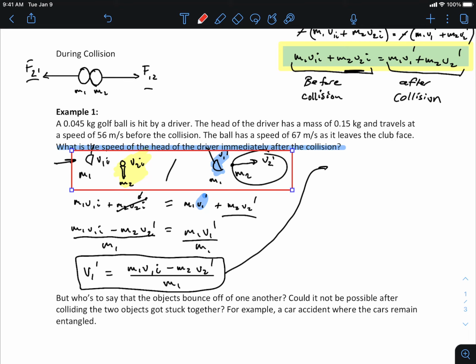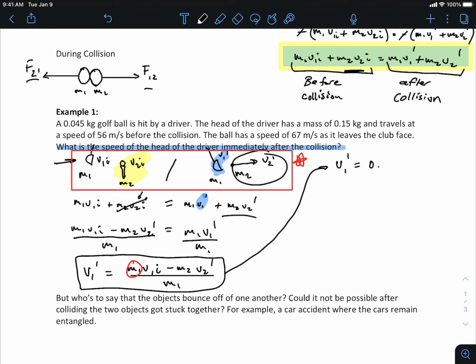It's very, very easy to put something in the wrong spot if you don't have something like this picture set up. You have a before and after, and it organizes everything for you, right? So if I'm looking to plug in M1, well, what's M1? M1 is the driver head. The driver head has a mass of 0.15 kilograms. So let's plug that in. You can see how the picture is helpful, right?